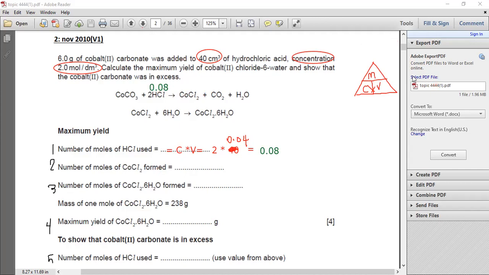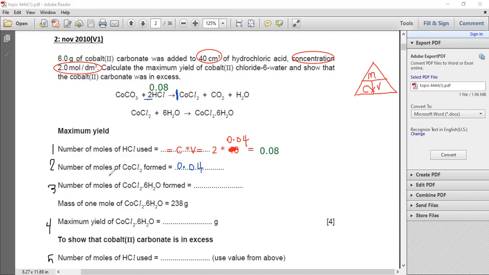Look, look here. Before COCl2, there is 1. Before HCl, there is 2. What does it mean? Number of moles of COCl2 is the half of HCl. So it will be 0.04. Is it clear?